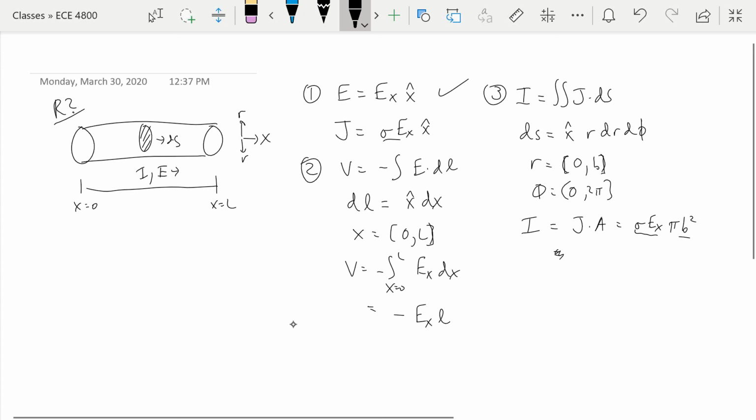The last step here I'll show you is the resistance. There should be a negative sign here.